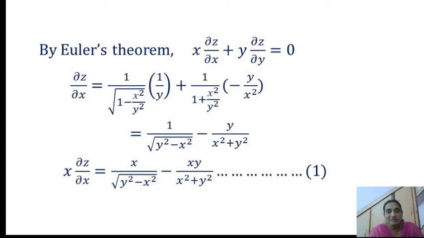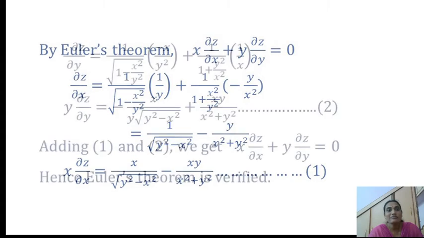So after simplification we get 1 divided by root of y square minus x square minus y divided by x square plus y square. Next, multiplying the above equation throughout by x, we get x ∂z/∂x equals x divided by root of y square minus x square minus xy divided by x square plus y square. Call this equation number 1.